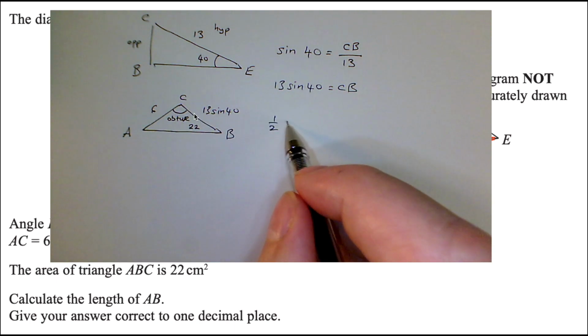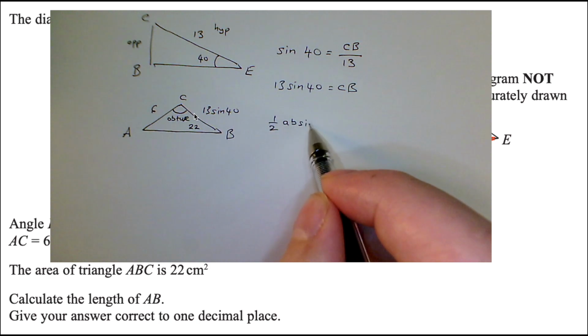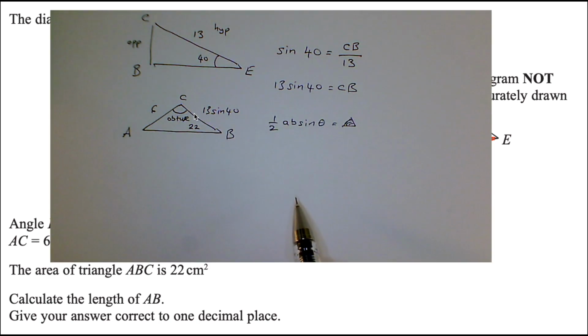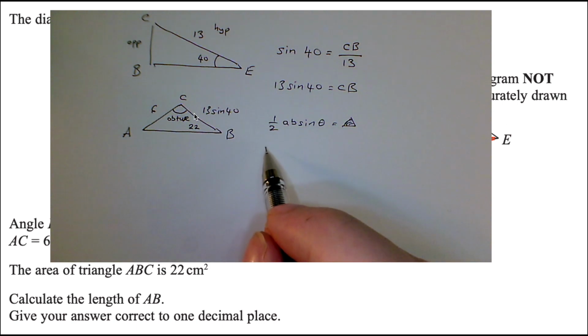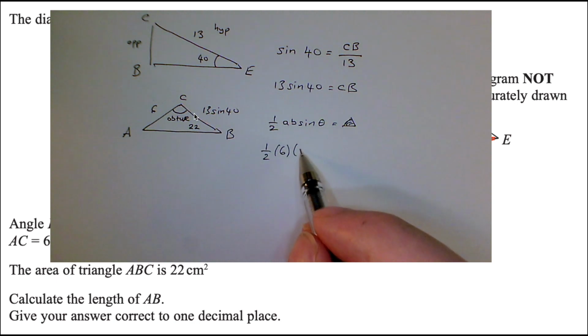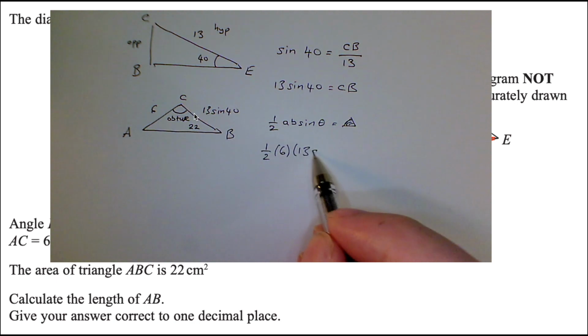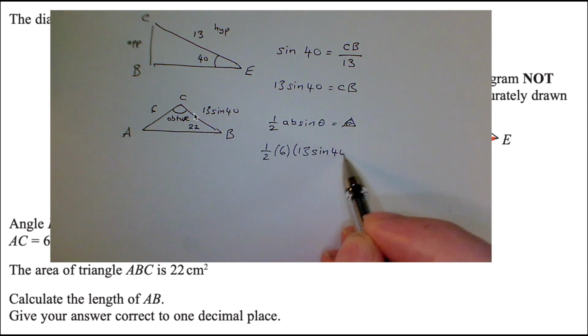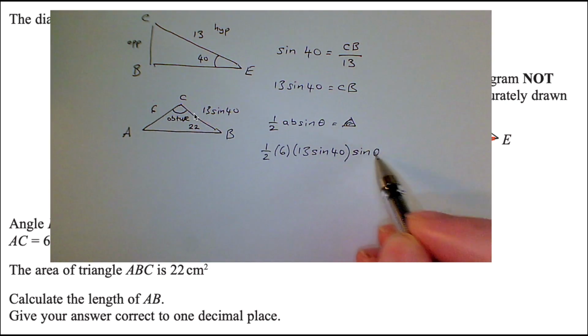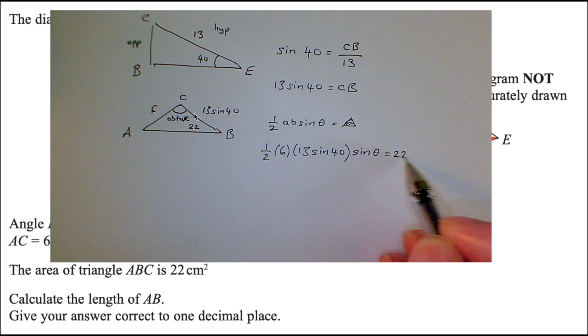So I'm going to use half ab sine theta, which equals 22, the area they told us in the question. So let's fill it in. We've got half times 6 times 13 sine 40 times sine of the angle we're trying to find, the obtuse angle, equals 22.